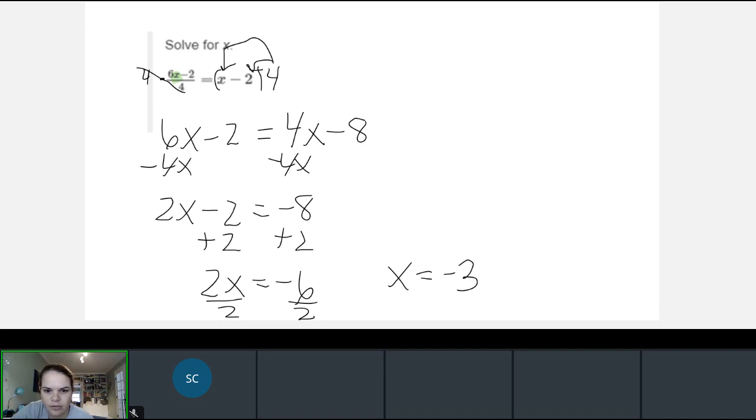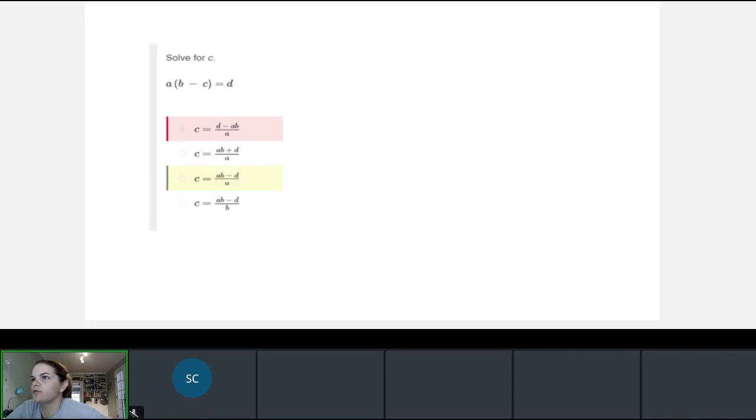Okay, this is the literal equations one. So let's do this one real quick. All right, so we're going to solve for C. X divided by a number. Okay, so if it's x divided by 9, I would multiply by 9 on both sides.